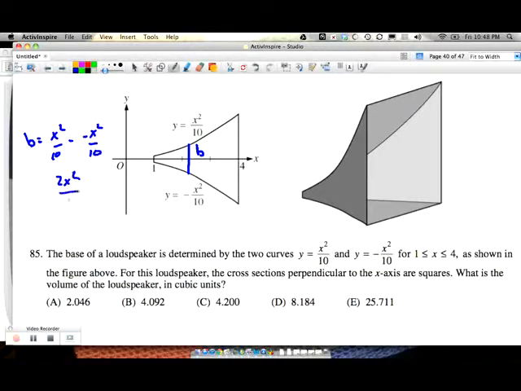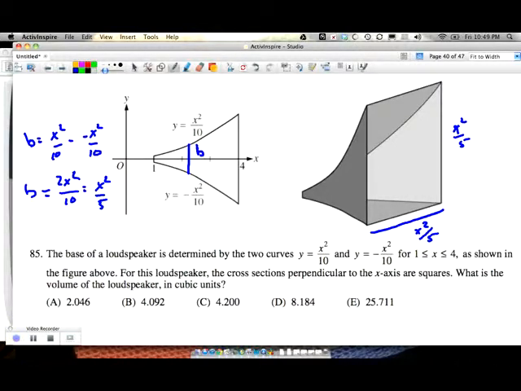If I put those together, I get 2x squared over 10, or really x squared over 5. So that's what my b, or base, of each square equals. That means this distance here of the square is x squared over 5, and this height here is also x squared over 5.